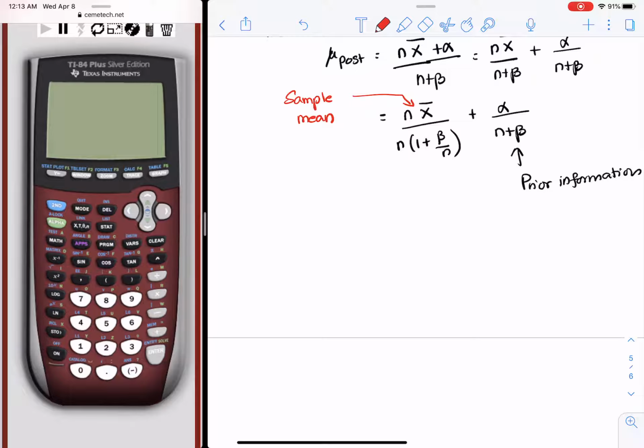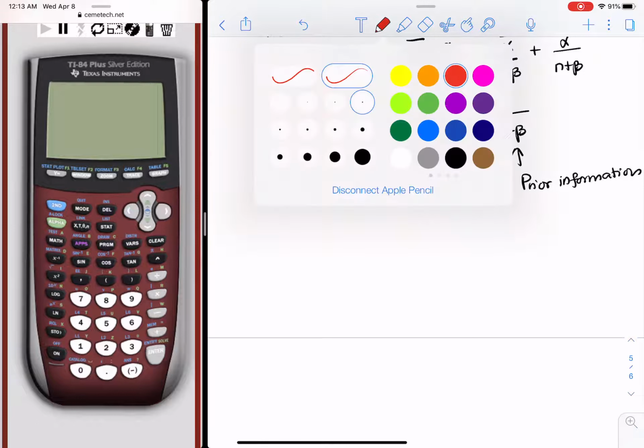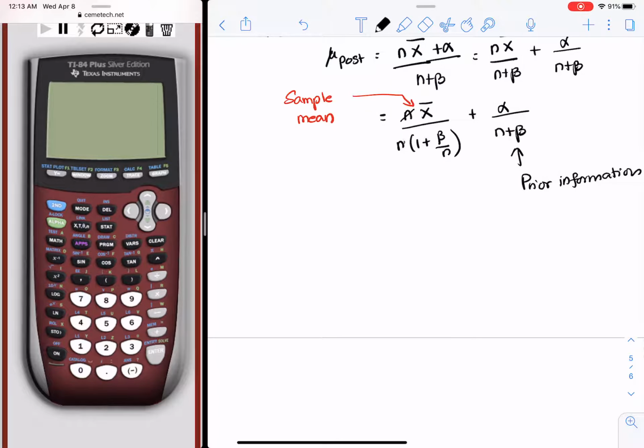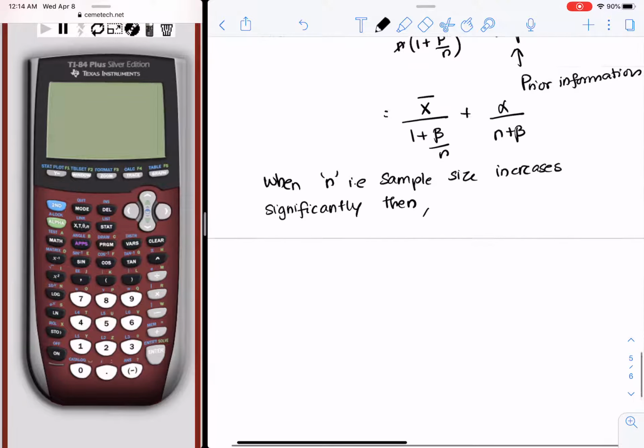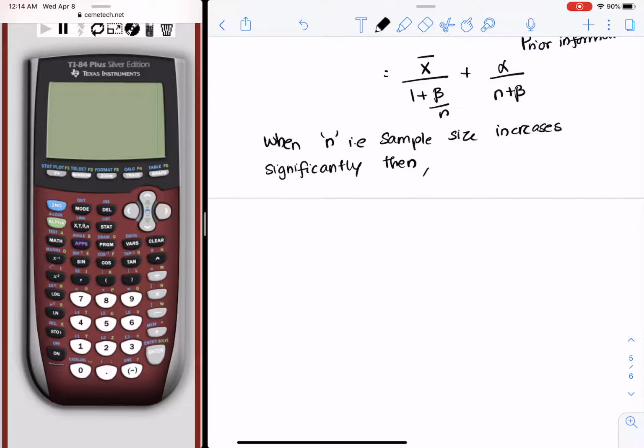Now what would happen if n gets substantially large? So let me go ahead and cancel those two n's, I would have x bar over 1 plus beta over n, plus alpha over n plus beta. So when n, that is the sample size, increases significantly, then the second term will go toward 0.